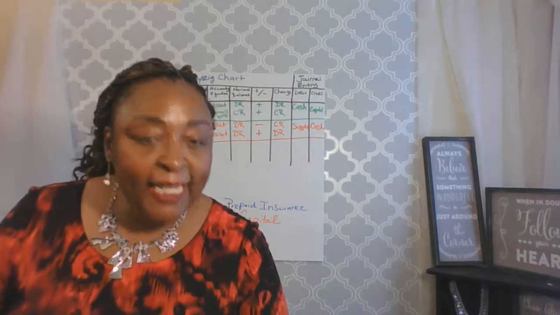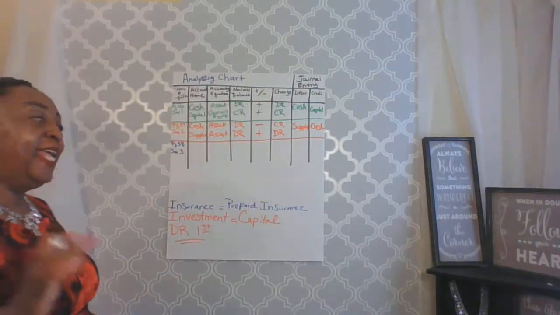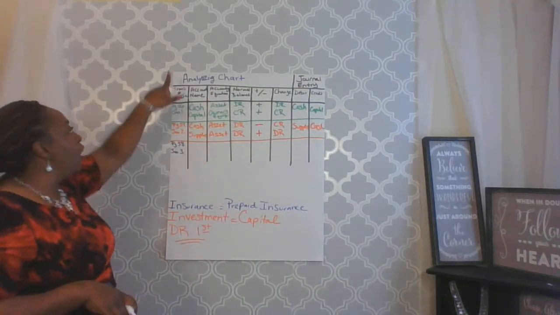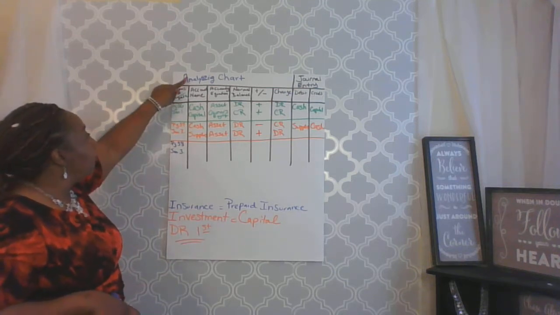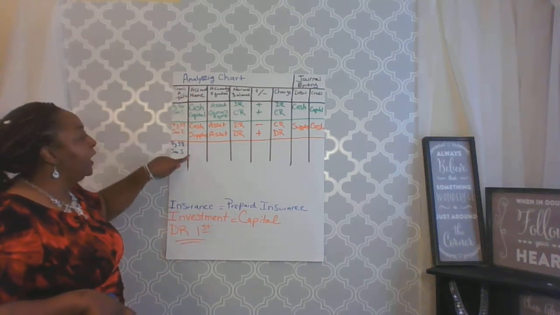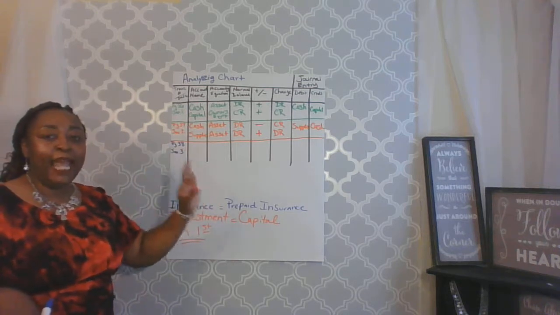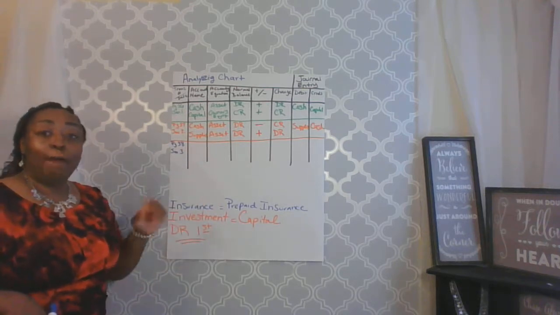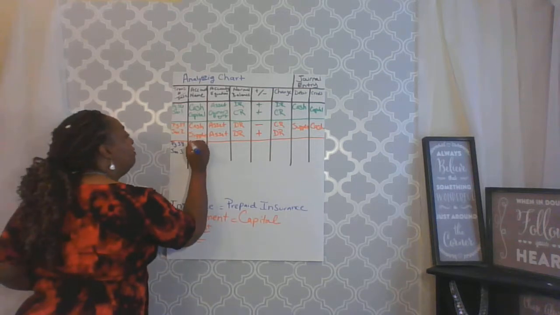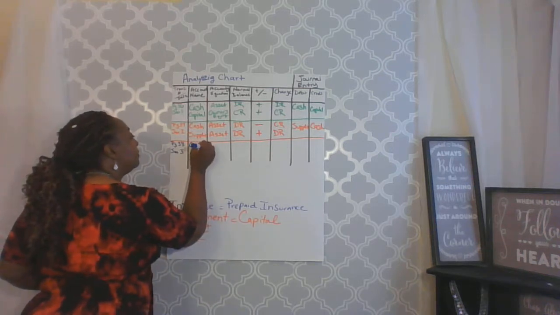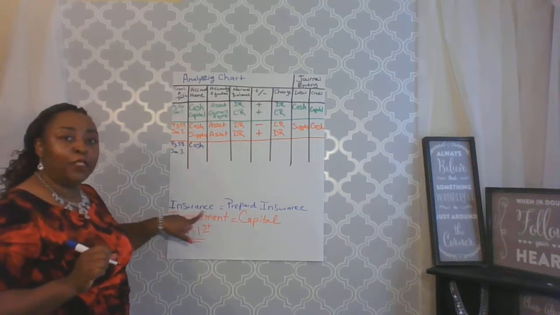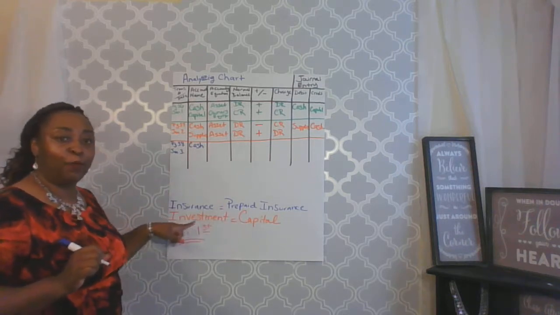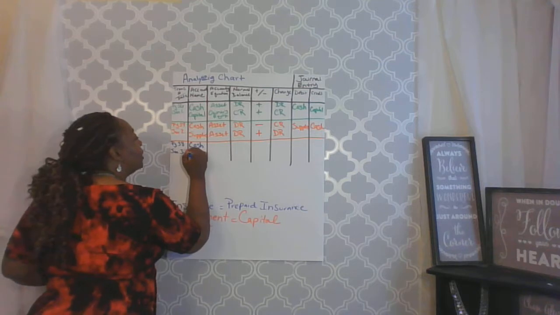So it says paid cash for insurance, $900. So we've already written the transaction number and date. So what accounts are affected? If I paid cash, cash is affected. Insurance is always prepaid insurance.